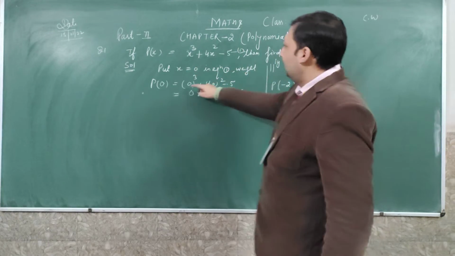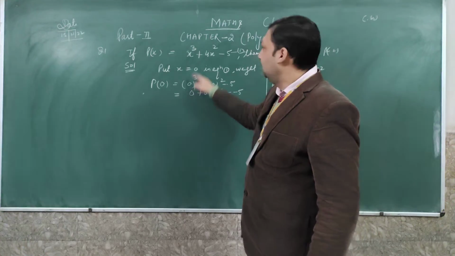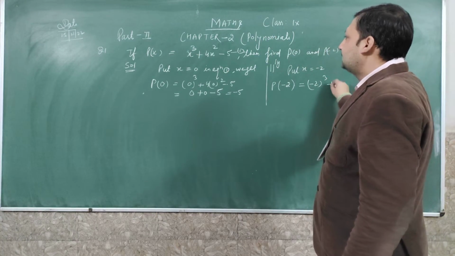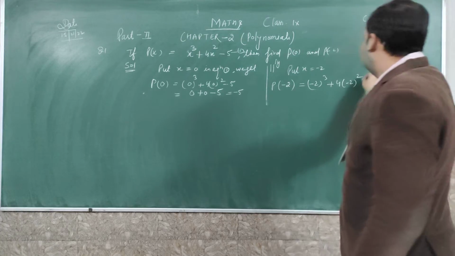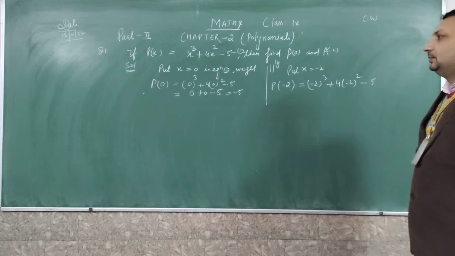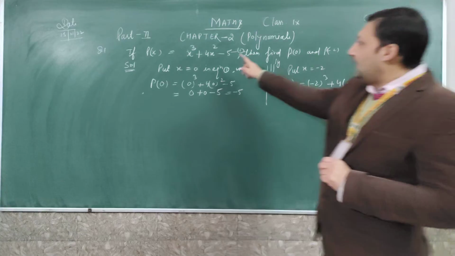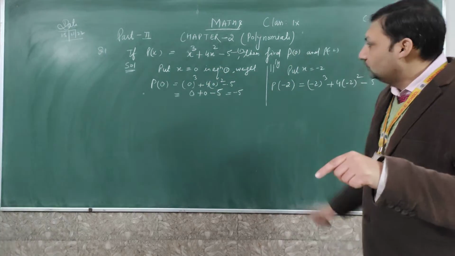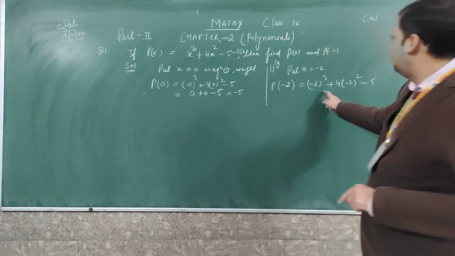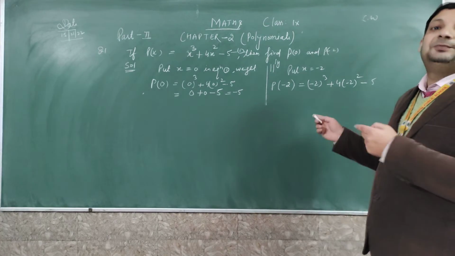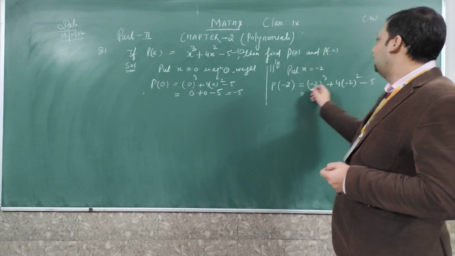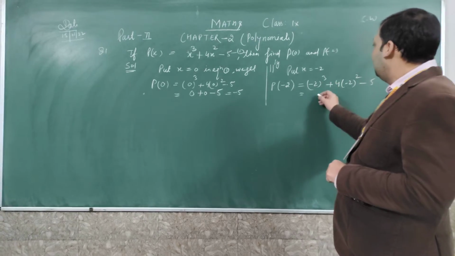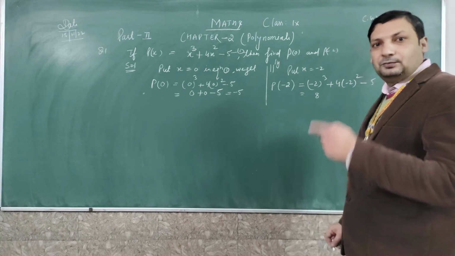Here I will put minus 2 to the power 3 plus 4 times minus 2 squared, then minus 5 stays the same. So dear students, we have taken 3 terms; in the first question we put x equal to 0, and in this question I am putting minus 2 because it is a different value to find. Everyone knows 2 cube means 2 multiplied 3 times. 2 cube is 8.